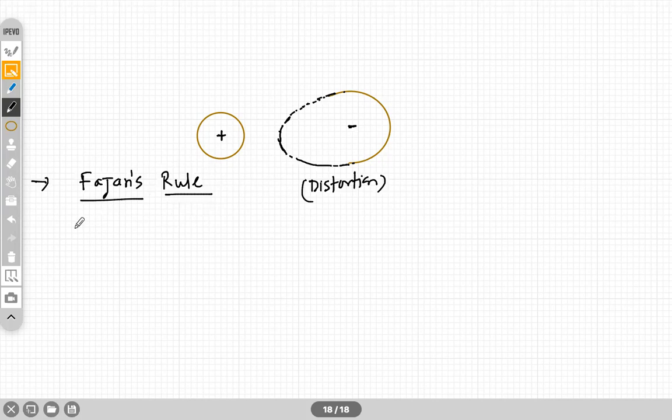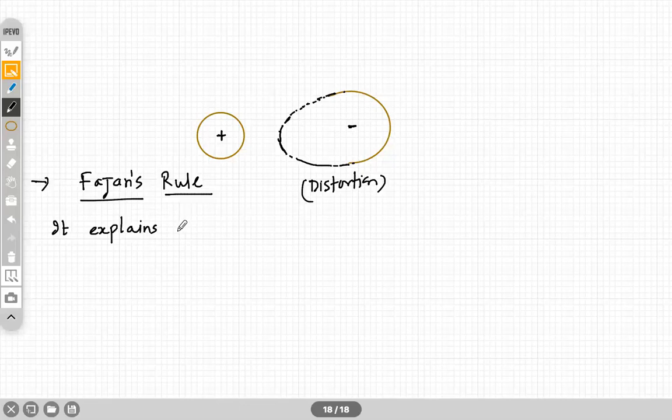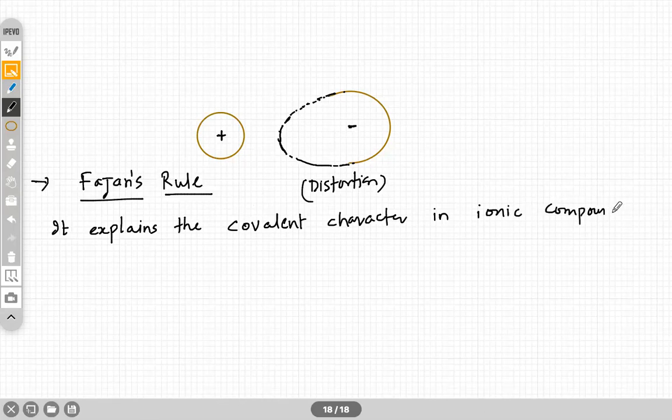It explains the covalent character in ionic compounds.